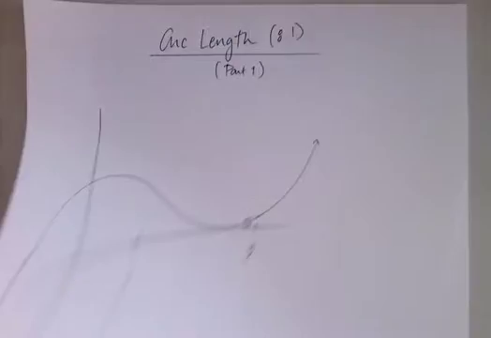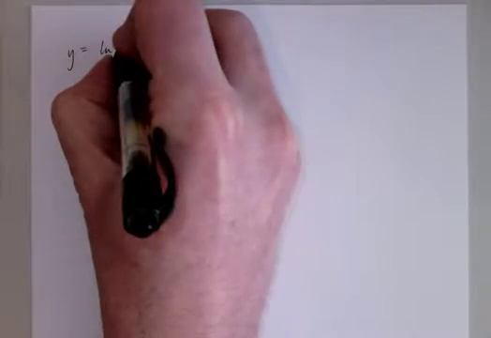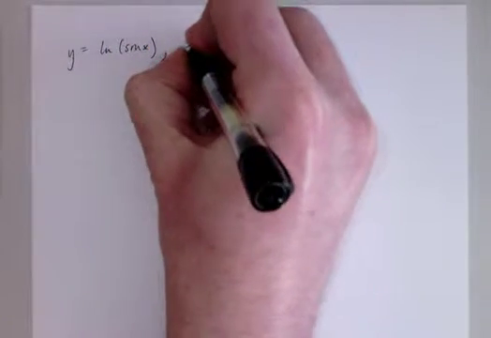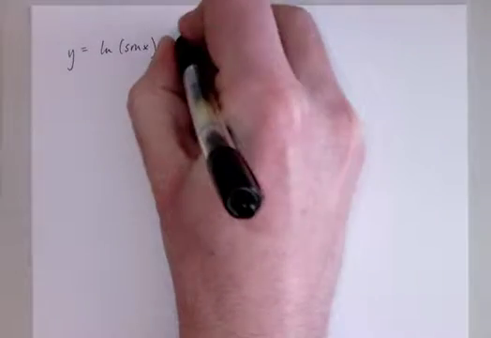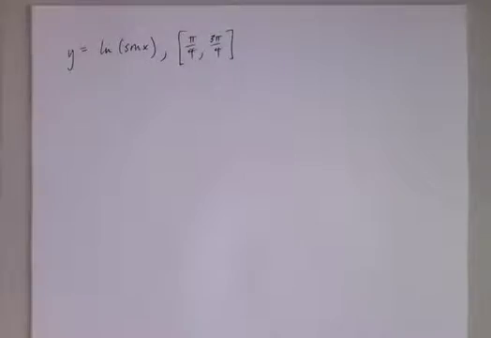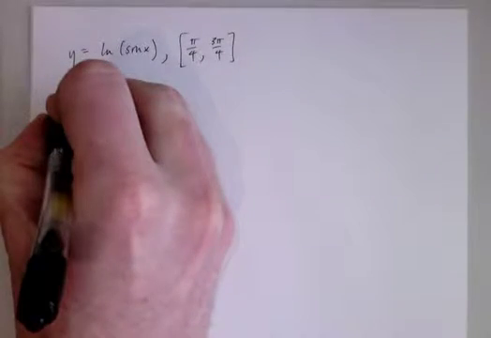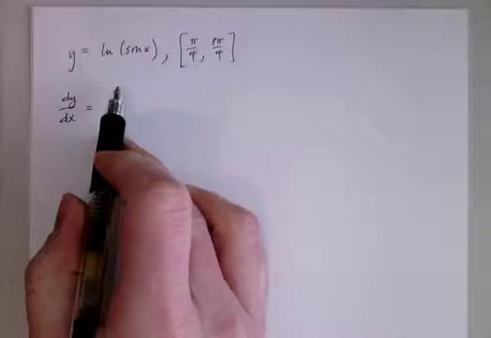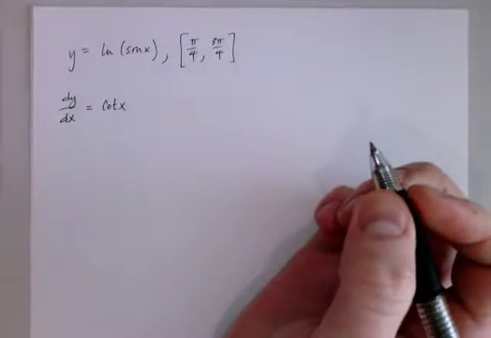Well, let's go ahead and do another one. Let's do y is equal to the natural log of sine x, from pi over 4 to 3 pi over 4, okay? We know that dy dx is equal to cosine over sine, or just cotangent x.